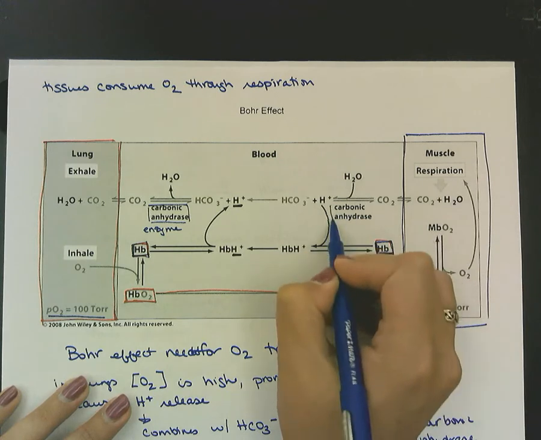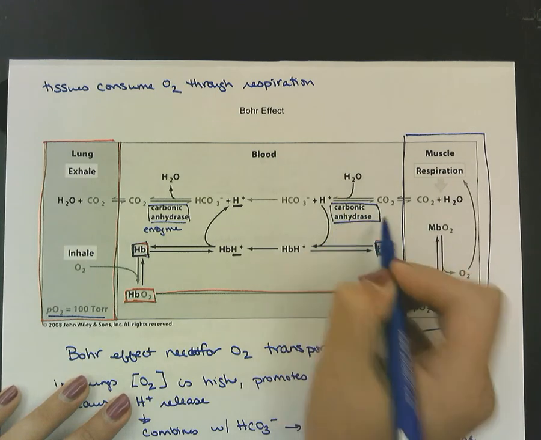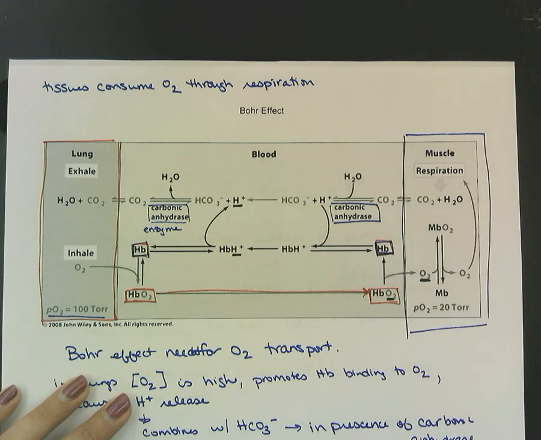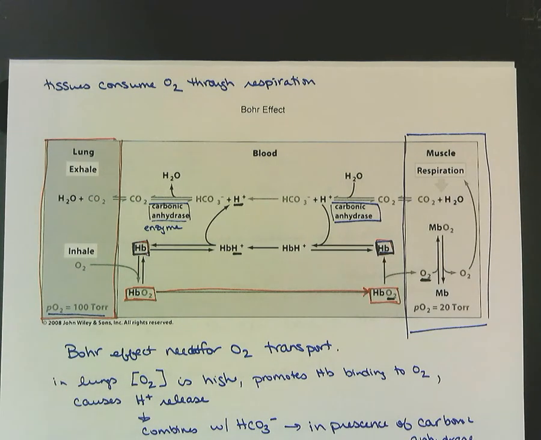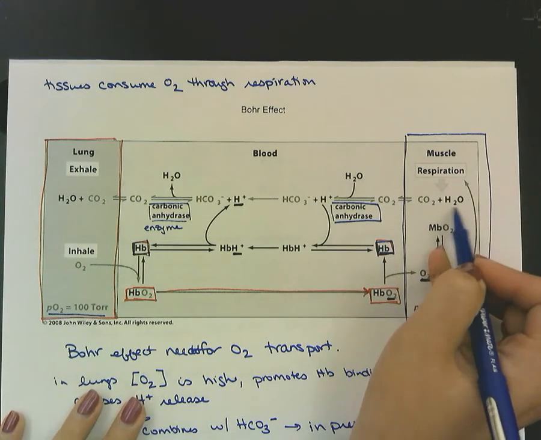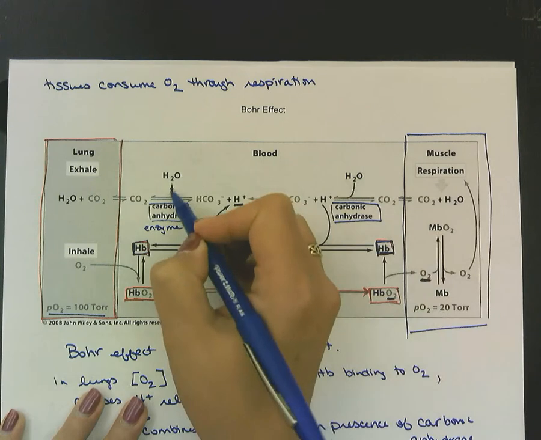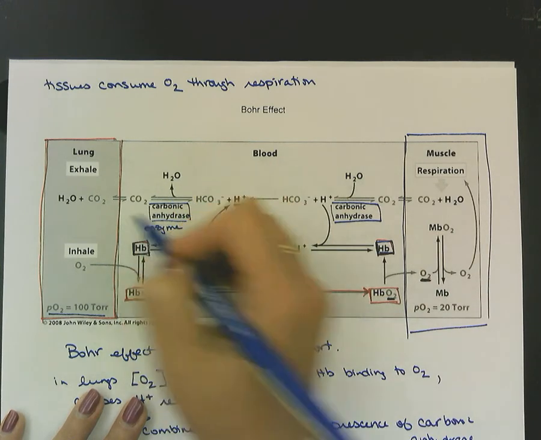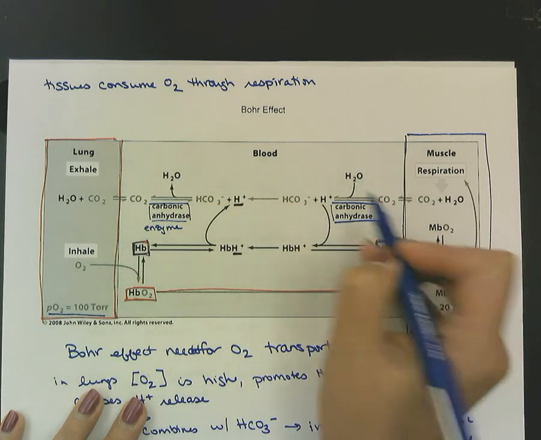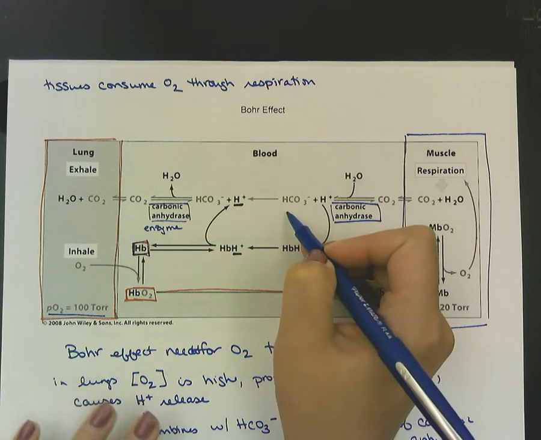So we're going to use the same enzyme we had before, carbonic anhydrase, and use this water. Over here I produced water and kicked out carbon dioxide. This time I'm going to put in carbon dioxide and water to make my carbonic acid.